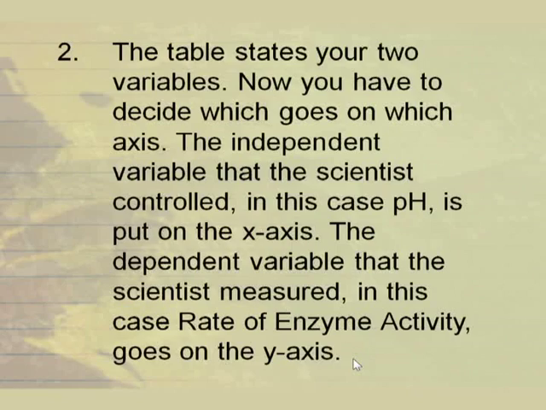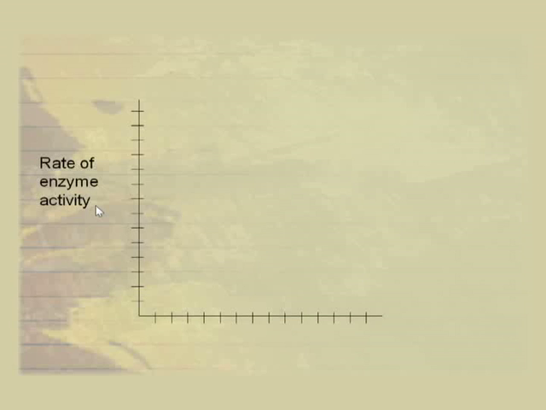So you take those and determine which one goes onto which axis. Now remember, it's important to note that the dependent variable goes on your y-axis and the independent variable goes on your x-axis, right? So there you have your rate of enzyme activity on your y-axis because that's the dependent variable, and your pH level right there on your x-axis.